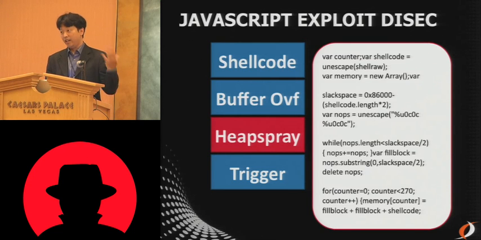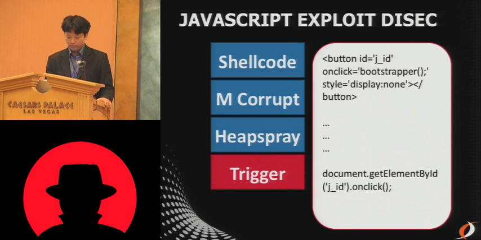Heap spray was first published here at Black Hat by Skyline, and it's an easy, very robust way to exploit the browser. And then there's the trigger, which calls your JavaScript, calls all this code, activates and executes it, and triggers the exploitation process.